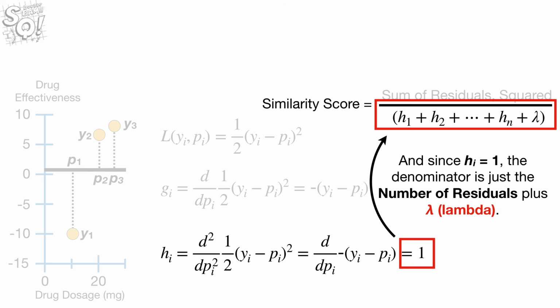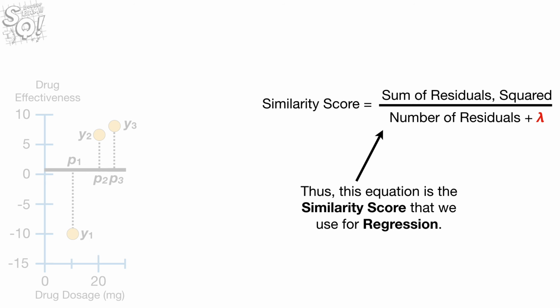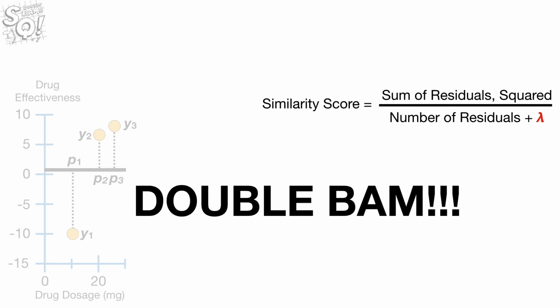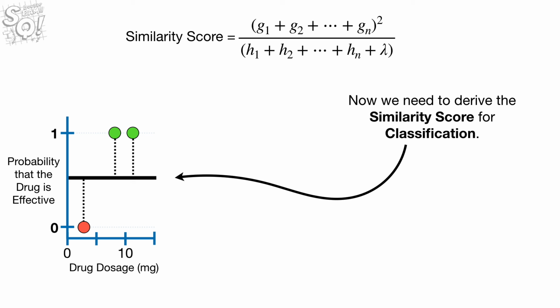And since h sub i equals 1, the denominator is just the number of residuals plus lambda. Thus, this equation is the similarity score that we use for regression. Double bam!